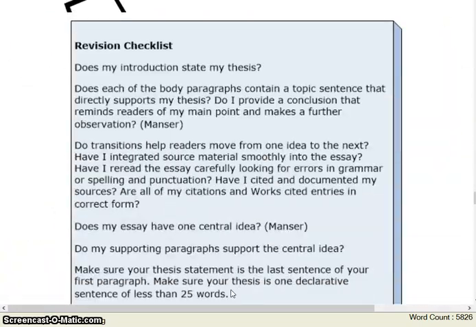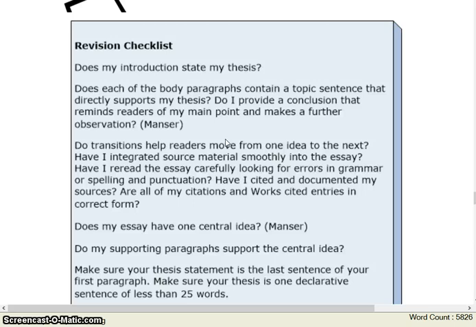Here is a checklist of what you should revise for. Does my introduction state my thesis? Does each of the body paragraphs contain a topic sentence that directly supports my thesis? Do I provide a conclusion that reminds readers of my main point? Do transitions help readers move from one idea to the next?